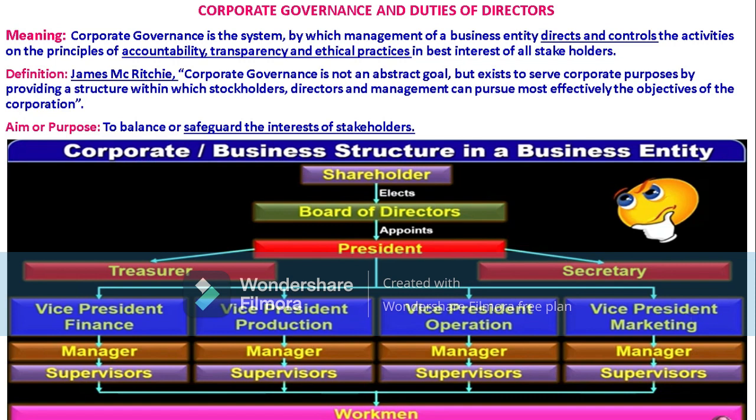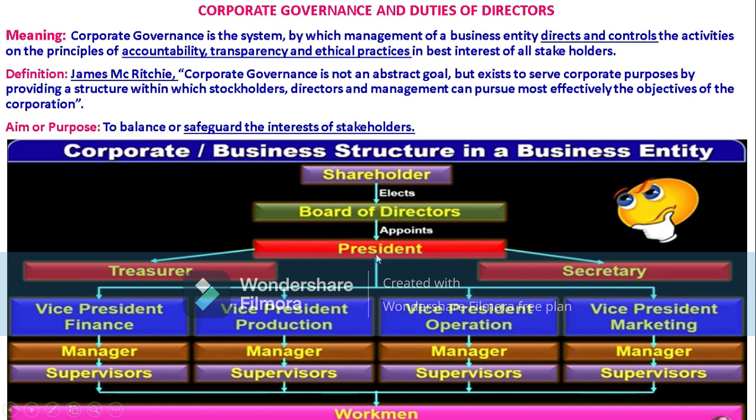Before going to the in-depth analysis of corporate governance, we have to see what the business structure, or corporate structure, is in a business entity. Shareholders appoint or elect the board of directors, and the board of directors appoints the president.